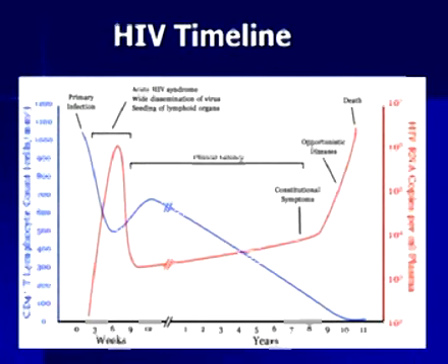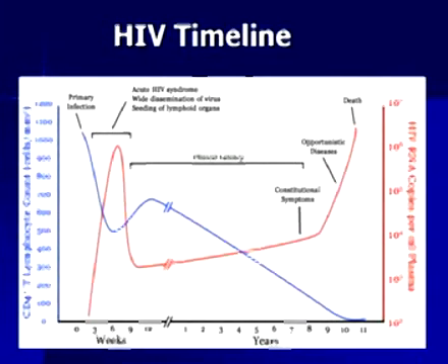And the CD4 count slightly rises after the precipitous drop, comes back up a little bit, and then again slowly with time continues to decline until it reaches a point where the body can no longer fight off infections that it normally could. And that's the point where opportunistic infections can take place.